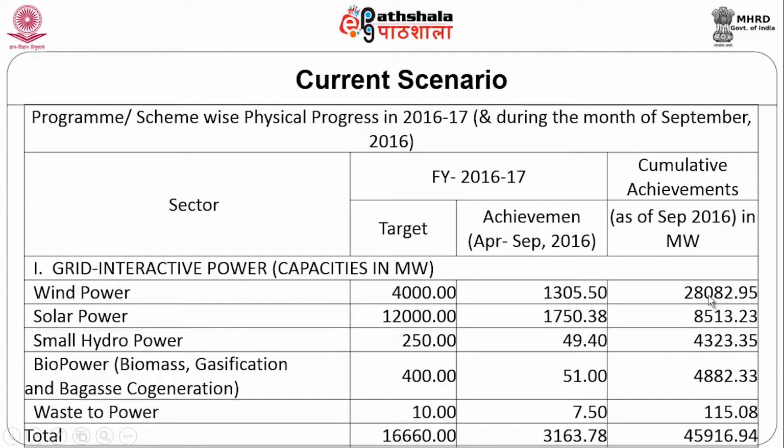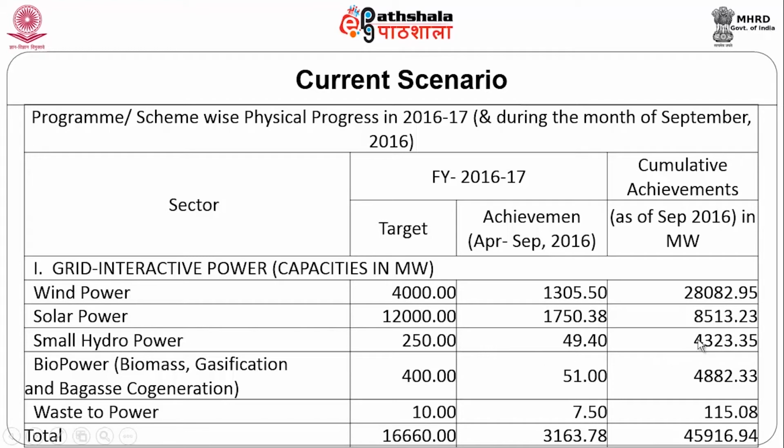We keep 4th position in the world after China, USA and Germany, so we have very good potential and very good installed capacity. 28,000 plus through wind alone is really remarkable, followed by solar power.